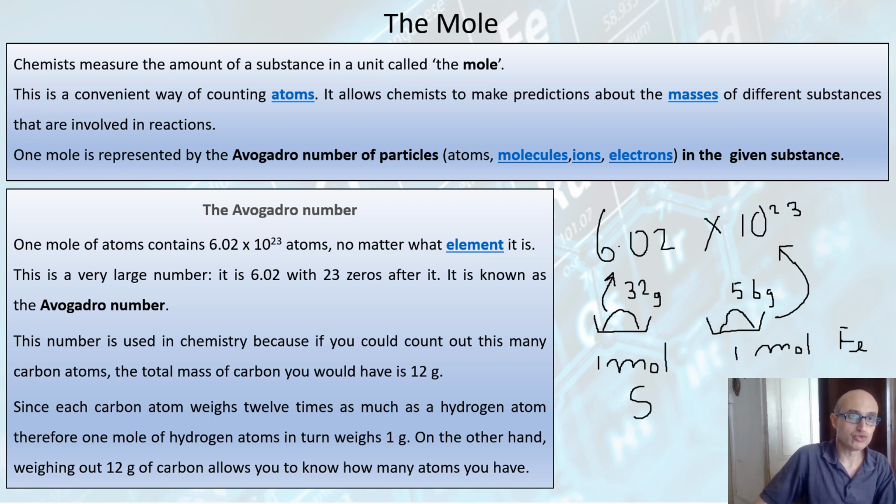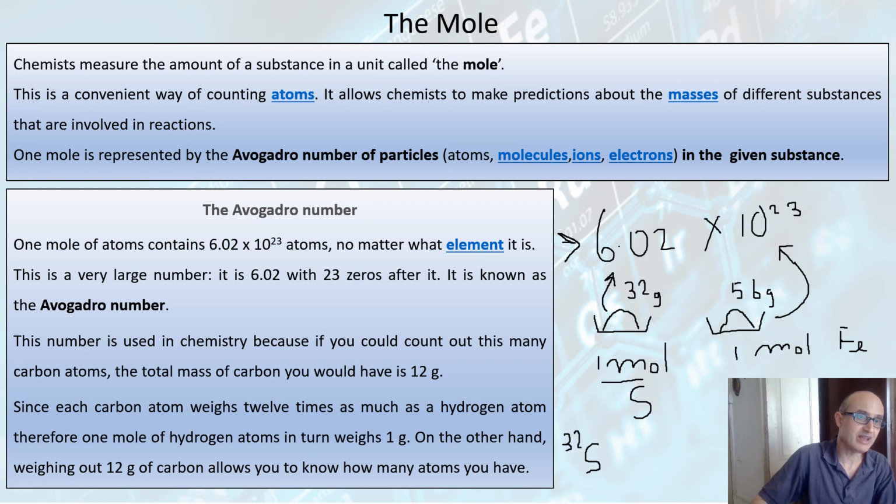If you want to know the mass of 1 mole of atoms, so a mole of atoms is 6.02 times 10 to the 23. If I want to know the mass of 1 mole of sulfur, how did I get the 32 grams? Well, all you have to do is do this. Look, sulfur has the big number at the top left-hand corner, which is 32.